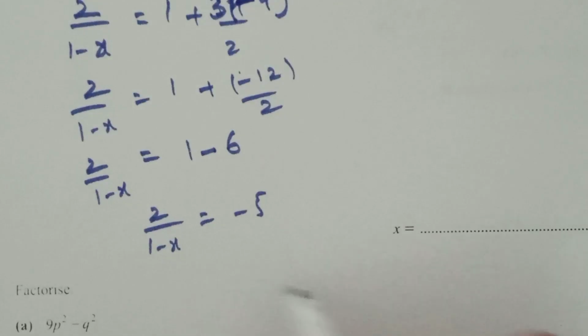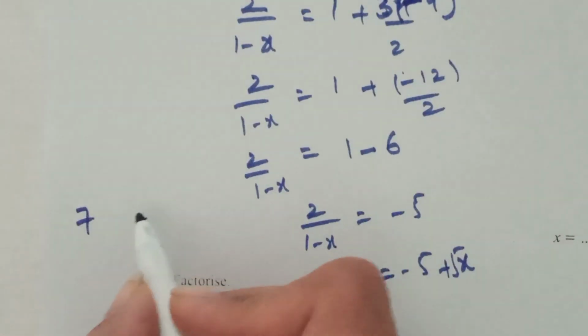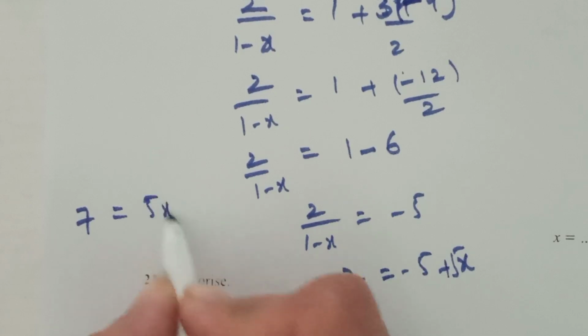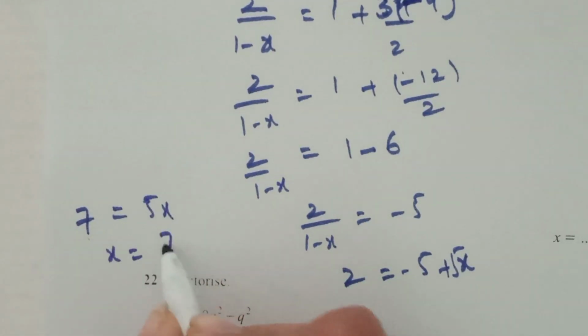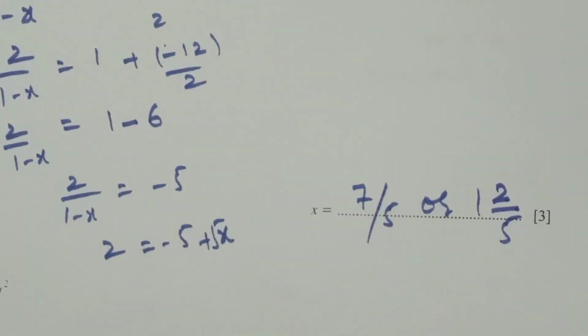By cross multiplying we get minus 5 plus 5x over 2. Now by adding, I'm going that side, 7 is equal to 5x, and by dividing we get 7 over 5. Now the answer of this question is 7 over 5, or we can write it as a mixed number, 5 1 over 2. We can also write it like that. Now students, this question number 21 is solved.